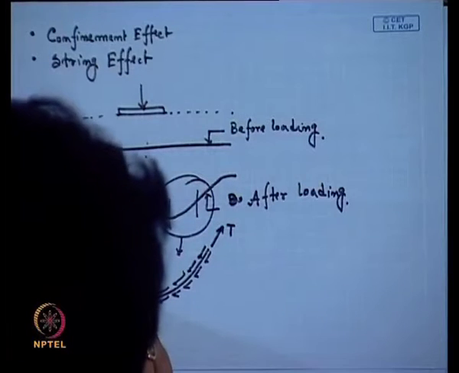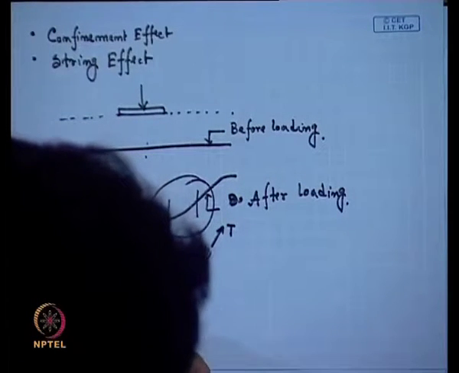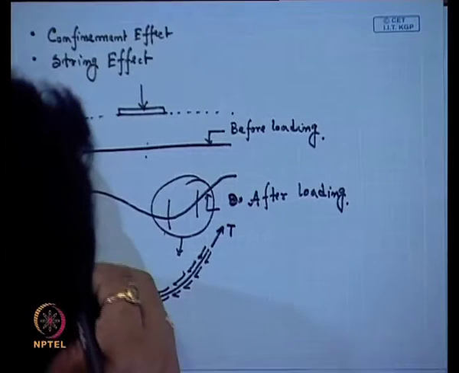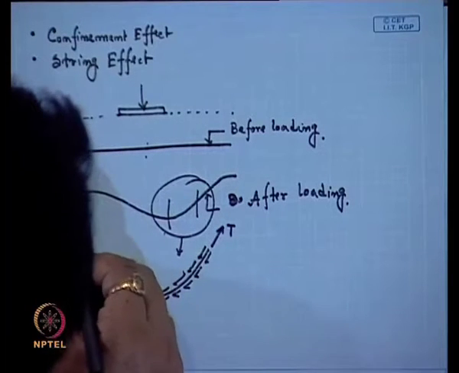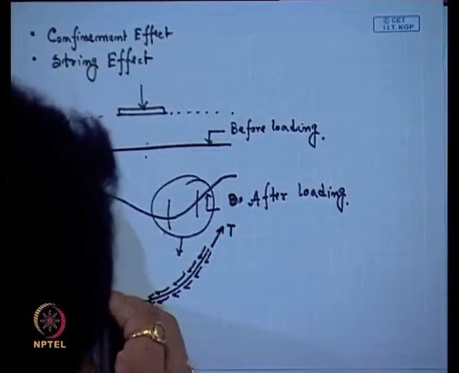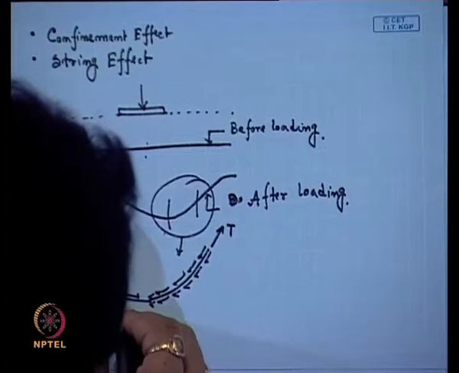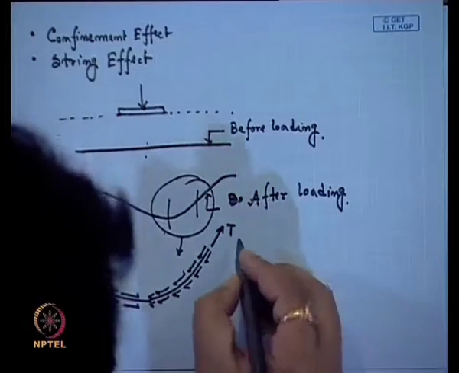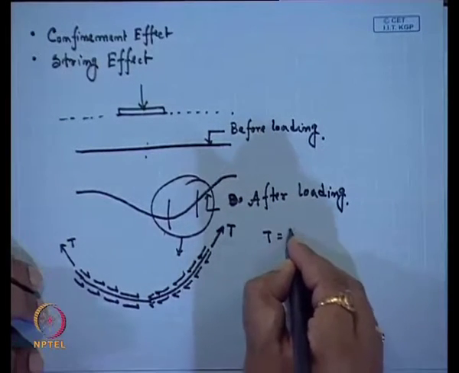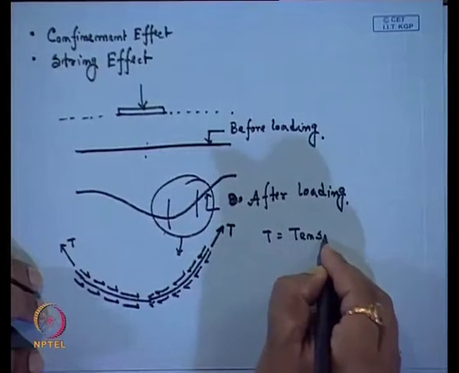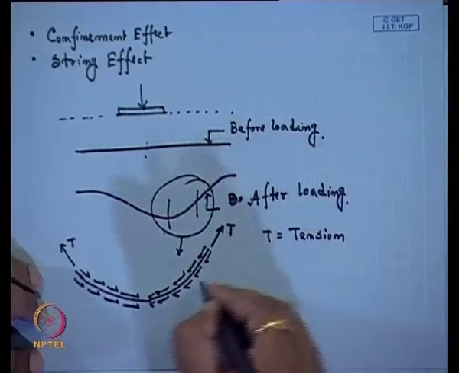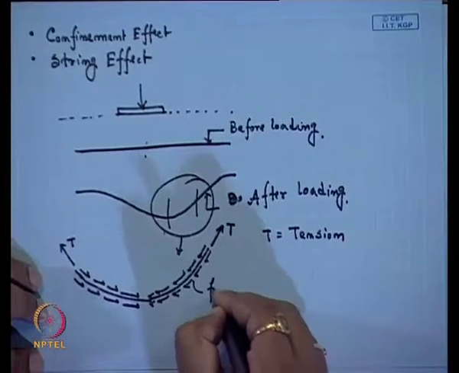Here, if I take the other side, there is a tension T. If I take a symmetric figure, this is the friction. So T is the tension and this is the friction.